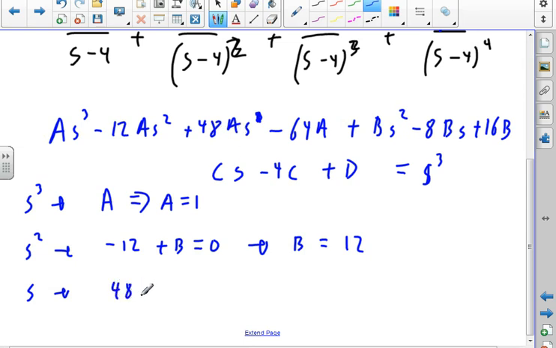A is 1, so it'll just be 48, minus 8 times b, which is 12, plus c has to be 0, implying that c is equal to 48?